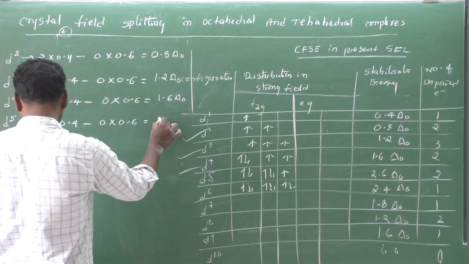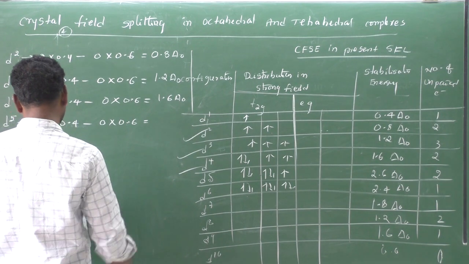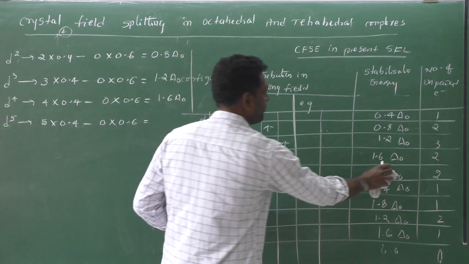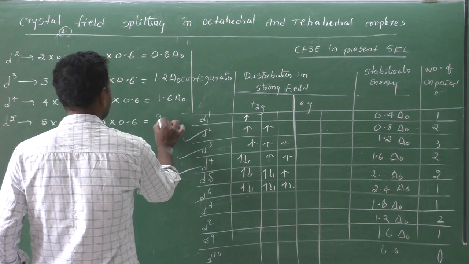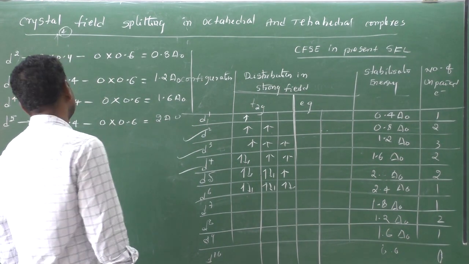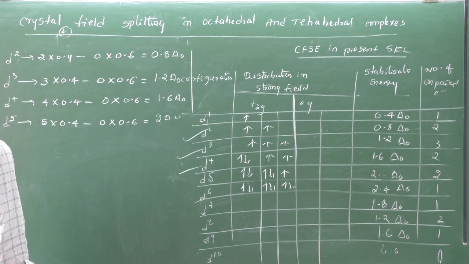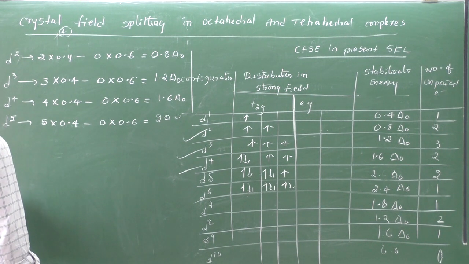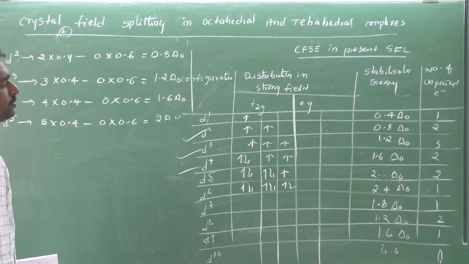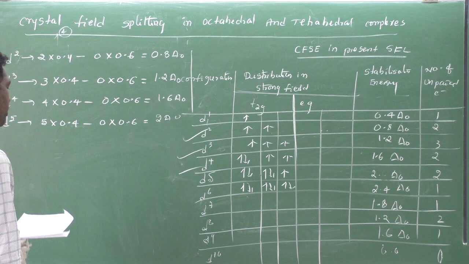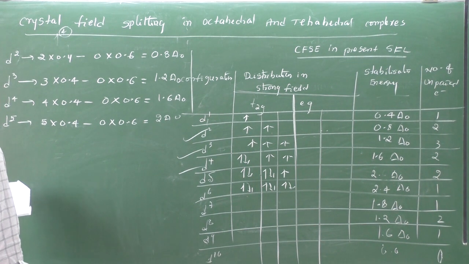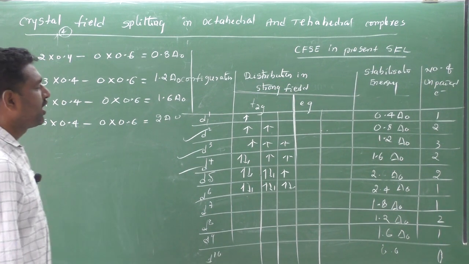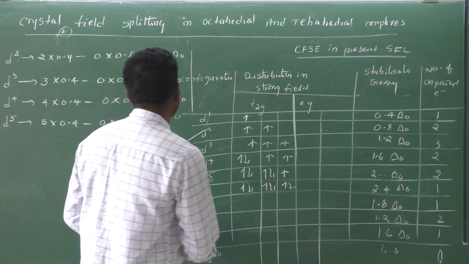The value is 2 Δ0. Then 6 into 0.4 is 2.4, and d5 and d9 values we can calculate like this.